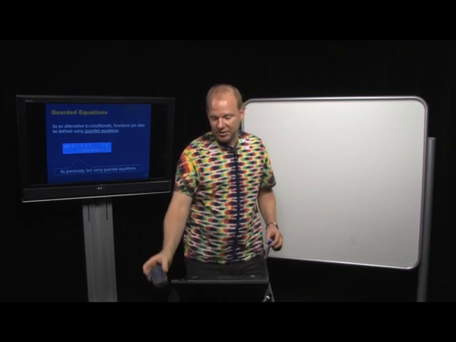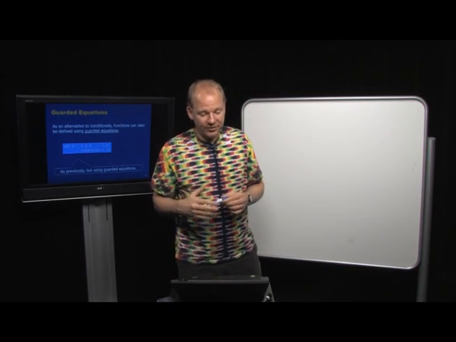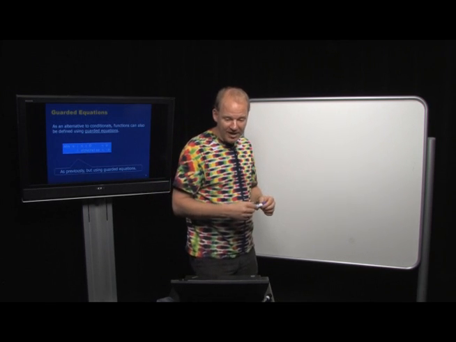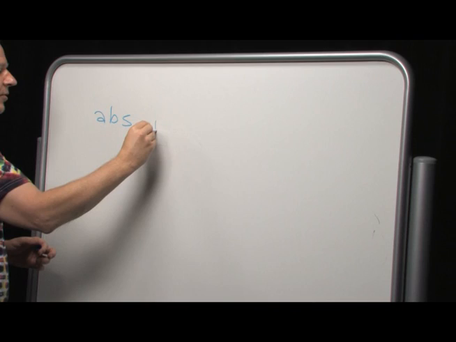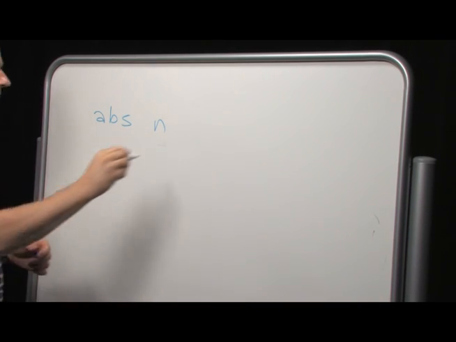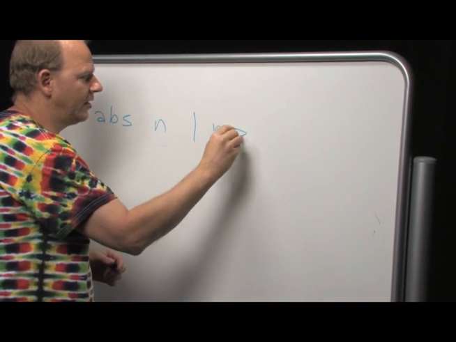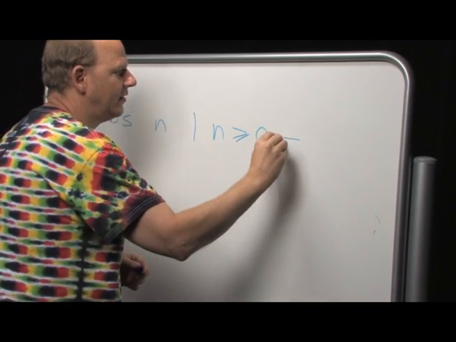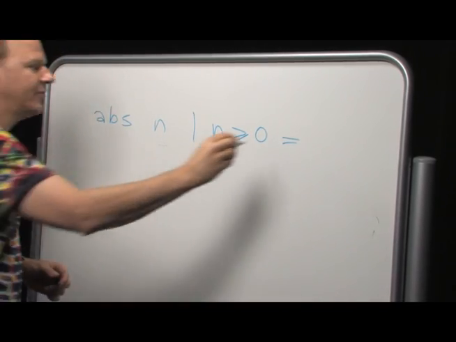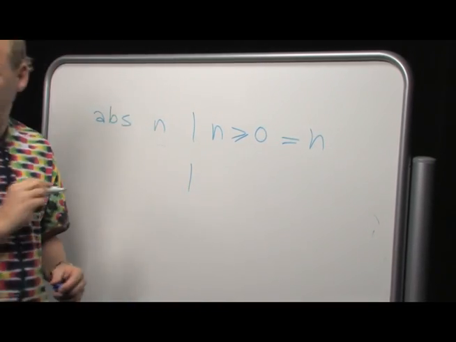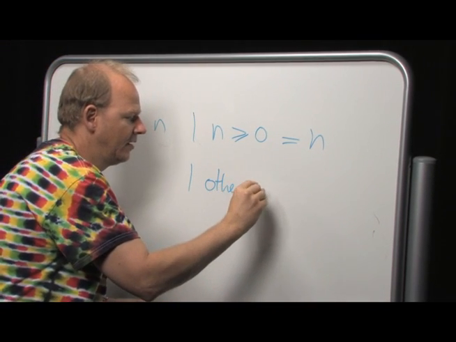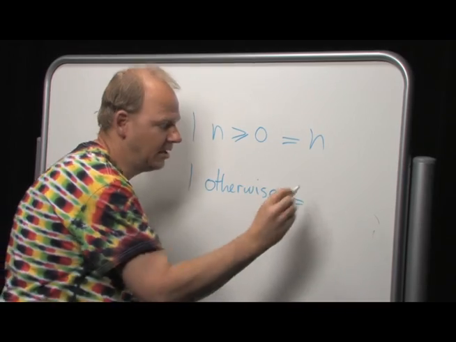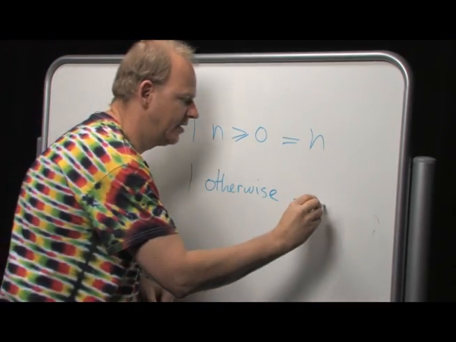And this is what you often do when you speak about functions, and in fact a lot of math textbooks use that. So, the absolute value of a number is, well, if the number is greater than or equal to 0, then it's n, and otherwise it is minus n.